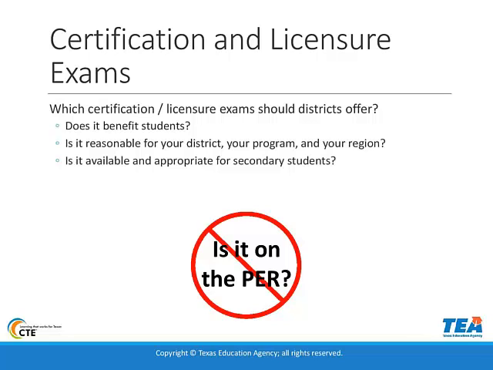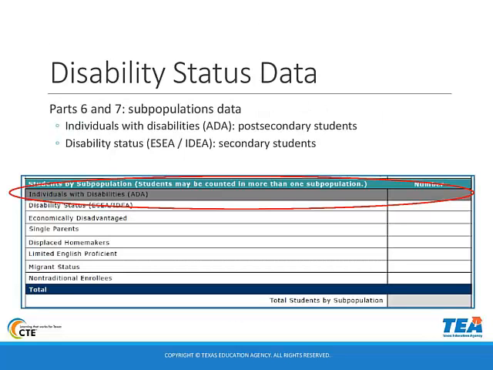One more tip about the Program Effectiveness Report, and I'm about through. On the disability status data on parts 6 and 7, you will notice on there that the individuals with disabilities line for ADA is grayed out. That's that line I've got circled right here.